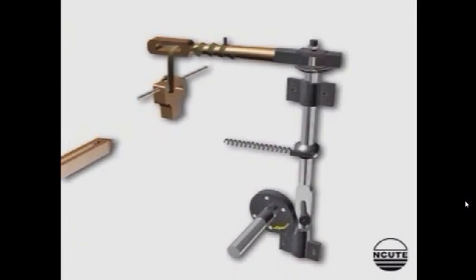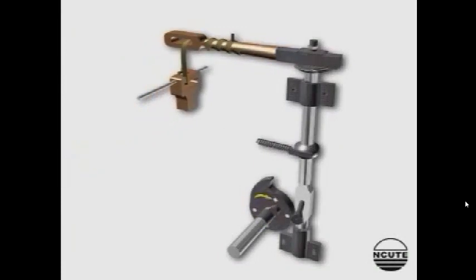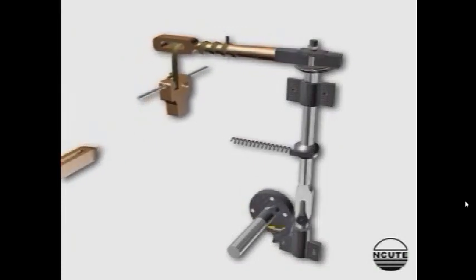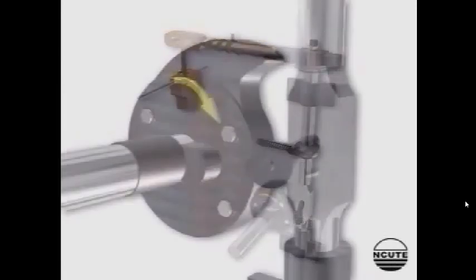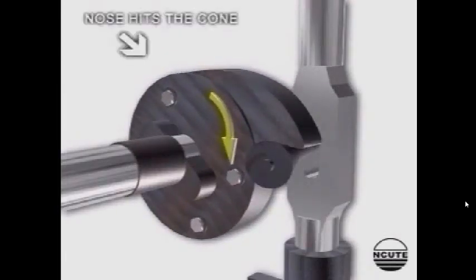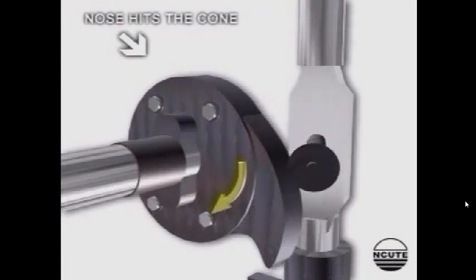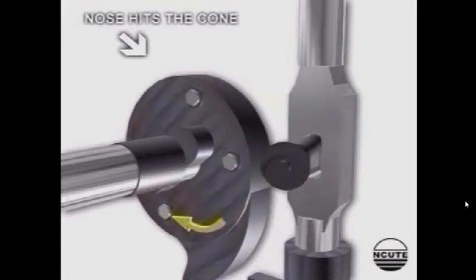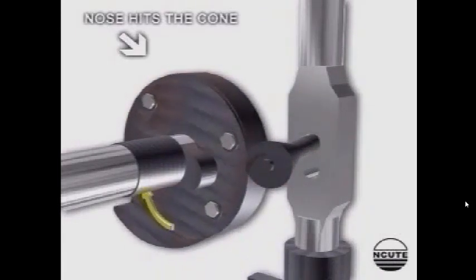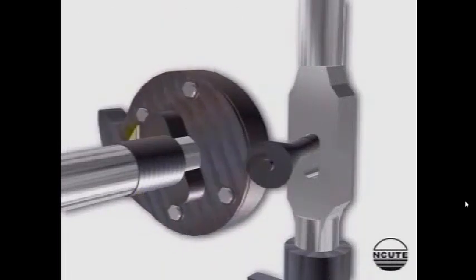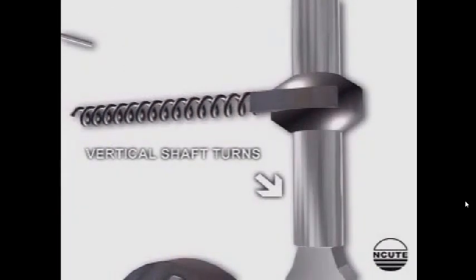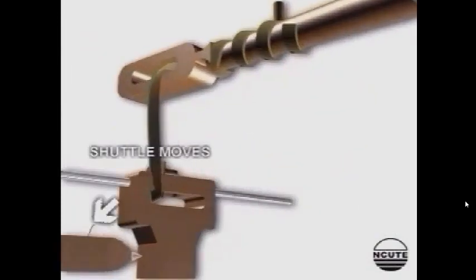This view depicts the cone overpicking mechanism. We can see that the bottom shaft turns in the clockwise direction. When the crank is at the bottom center, the picking tappet nose hits the cone. The vertical shaft turns partially, which in turn moves the picking stick, and so the picker strikes the shuttle.